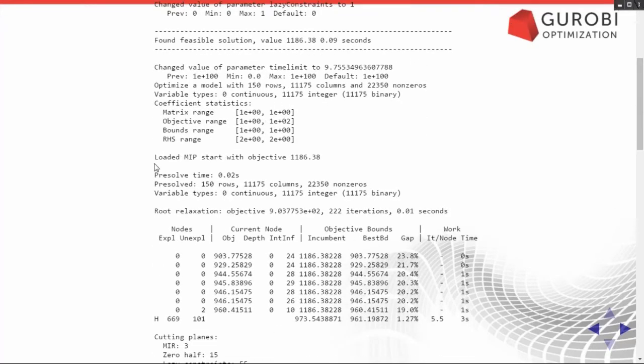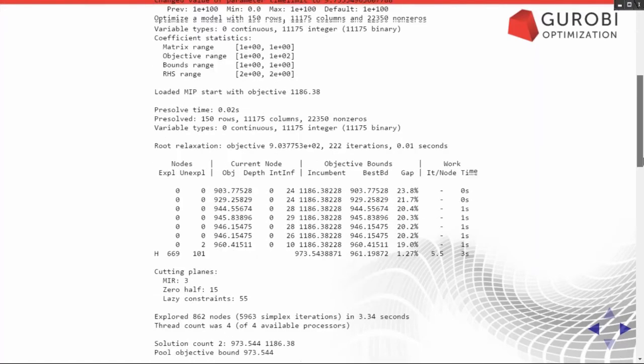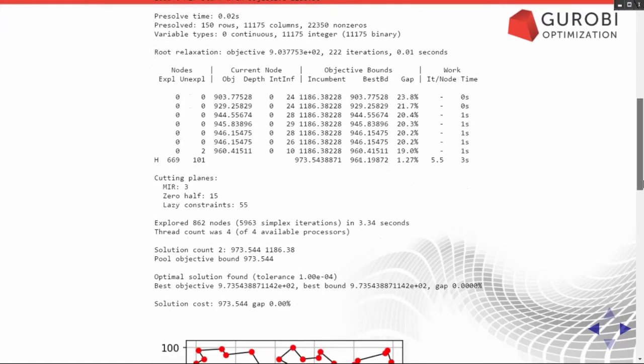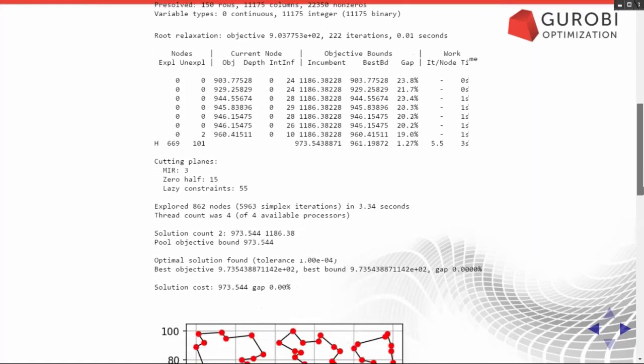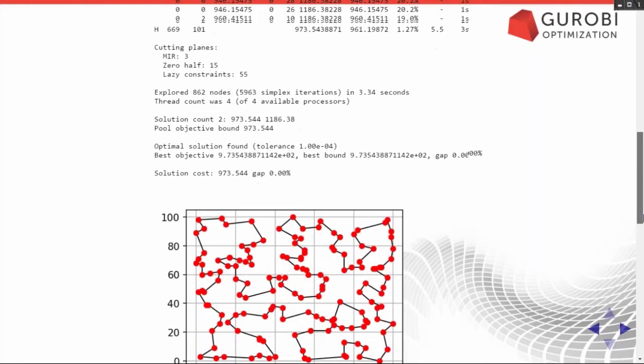Gurobi accepts the solution, but it really improves right away. In just 1 or 2 seconds, it gets a solution of value 900 plus, and moreover, it proves that the solution is optimal very quickly.